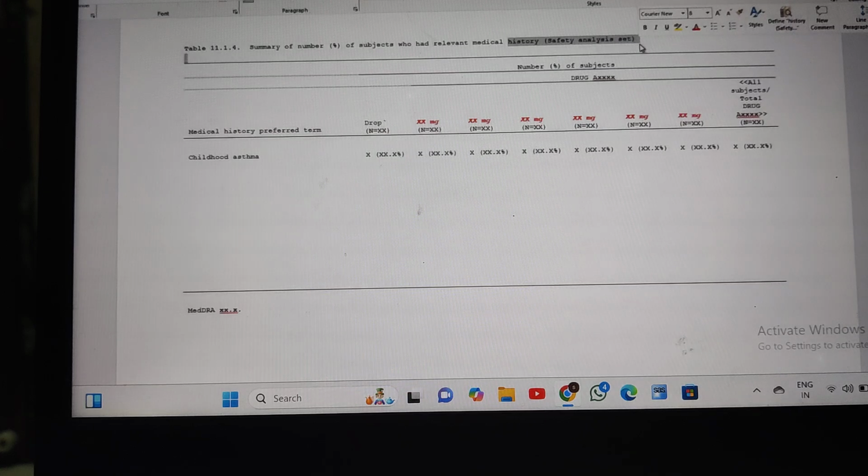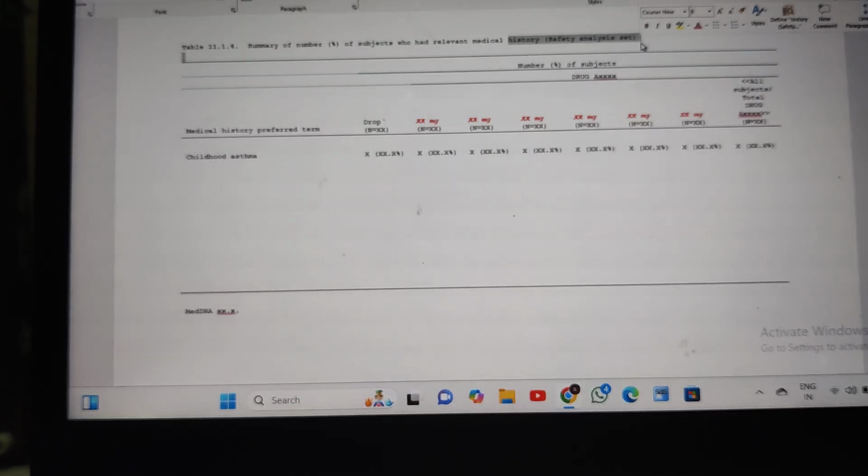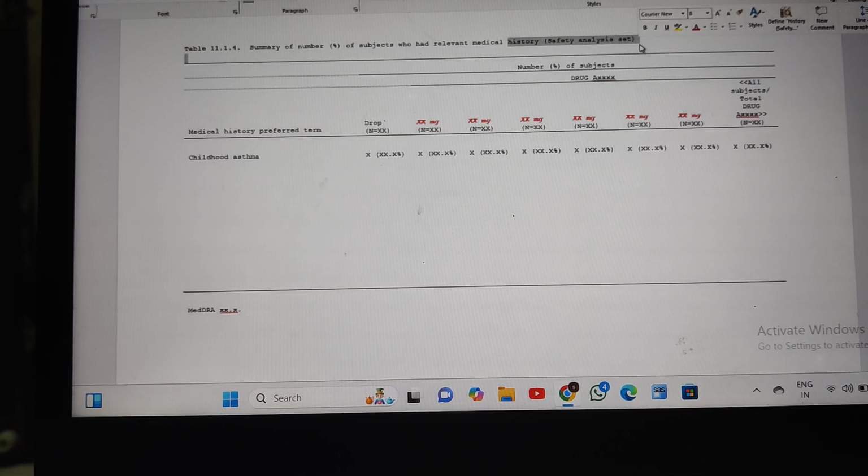Can anyone say what is the safety flag? What happened?